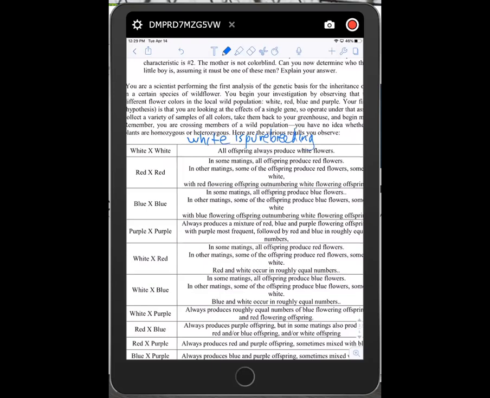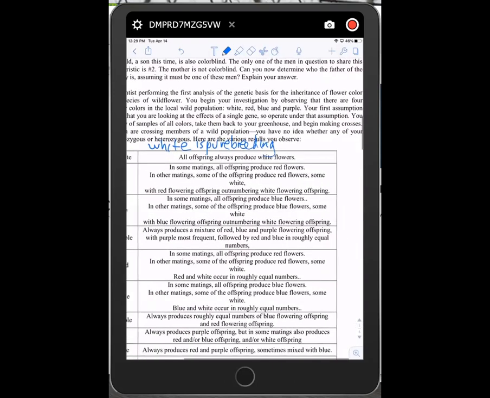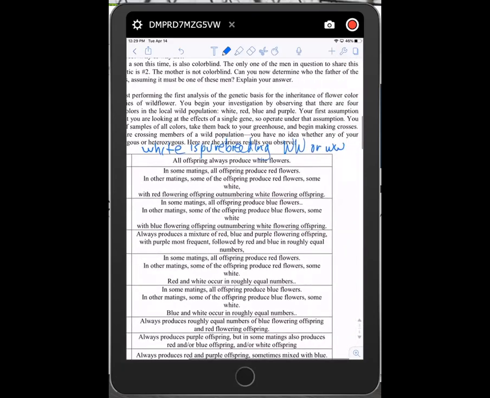We don't, okay? It could be capital W's or little w's, or maybe it has to do with red or blue. If it's recessive to that, like what if big R is dominant and little r is recessive? We don't know yet. We don't know, or vice versa.